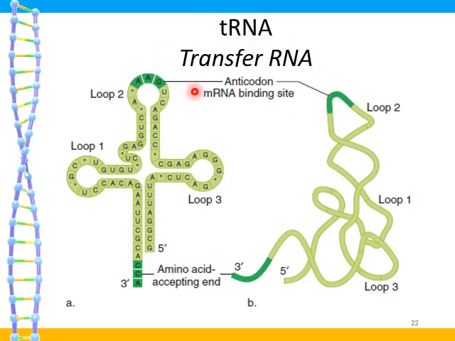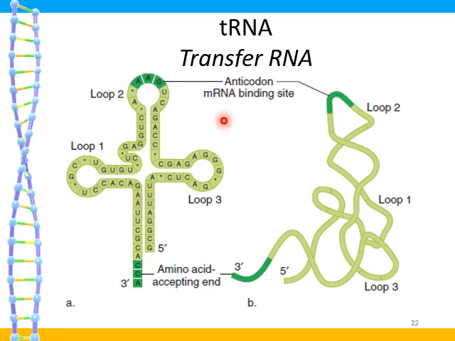This is the structure of transfer RNA, and you can see that this is a single strand, but it has made some complementary base pairs in different parts. So it has 3 hairpin loops in its structure that are numbered as loop number 1, 2, and 3. And this 3' side is the accepting end of the amino acid, and amino acids are joined to this end, so they are used for protein biosynthesis.